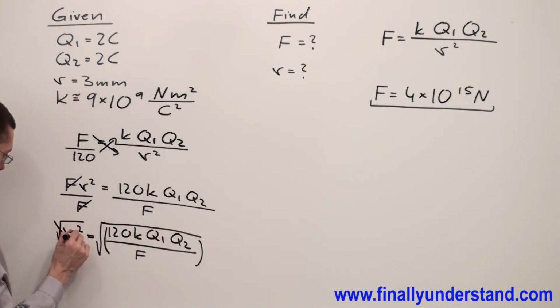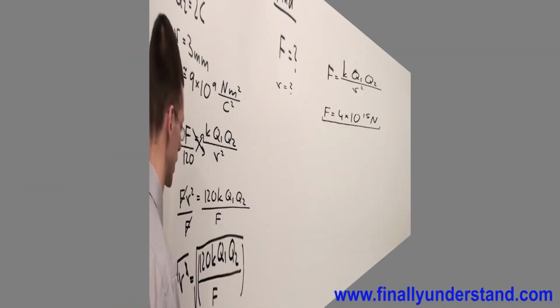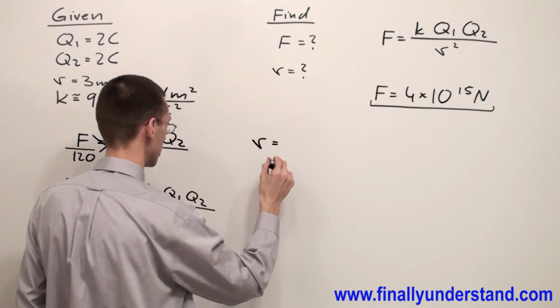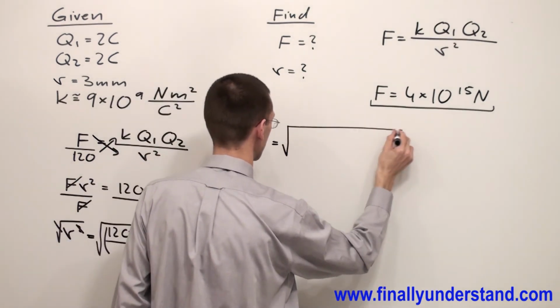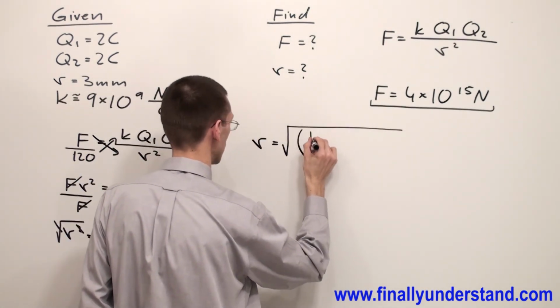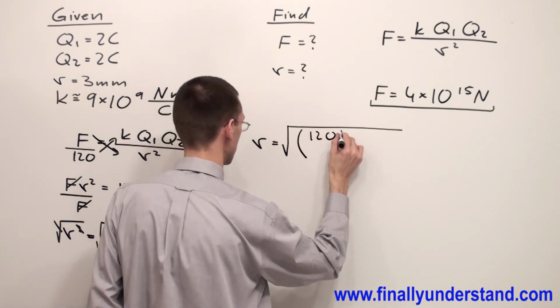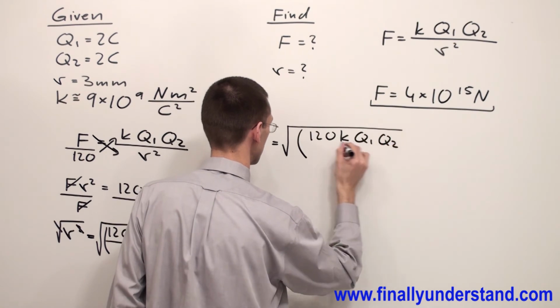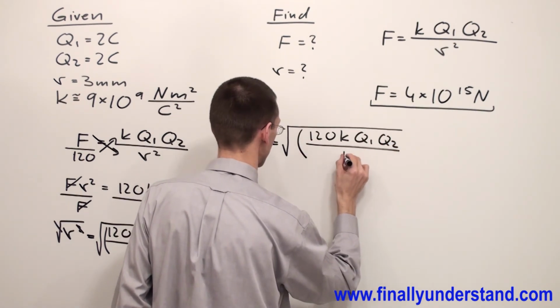Square root is going to eliminate my exponent. And I'm going to end up with the formula R is equal to the square root of 120 K Q1 Q2 over F.